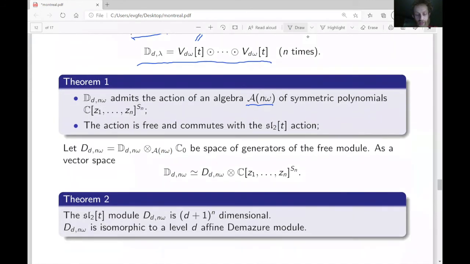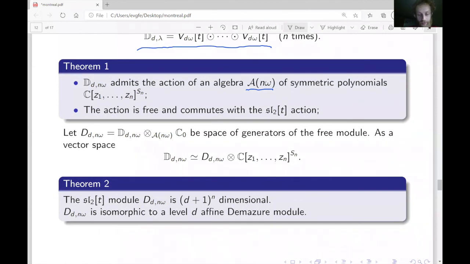Here is the module itself. So tensoring with the algebra over the trivial module means nothing but taking the quotient.